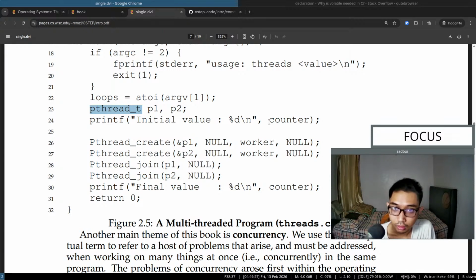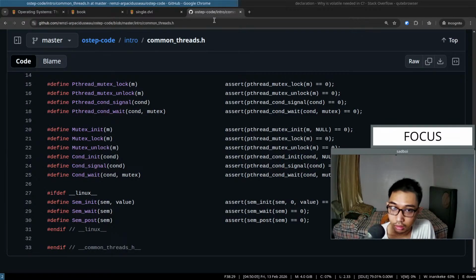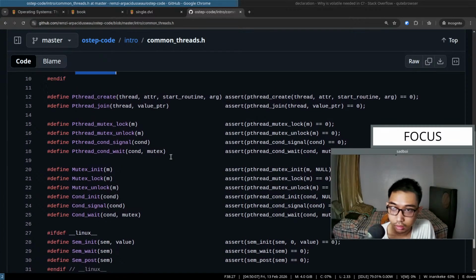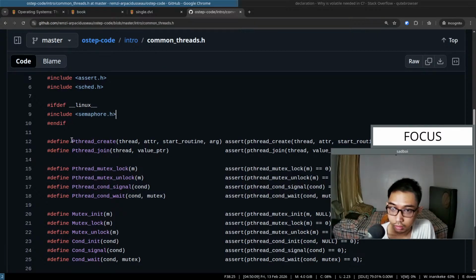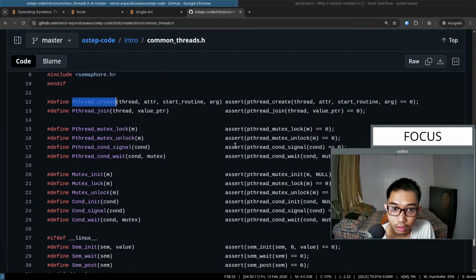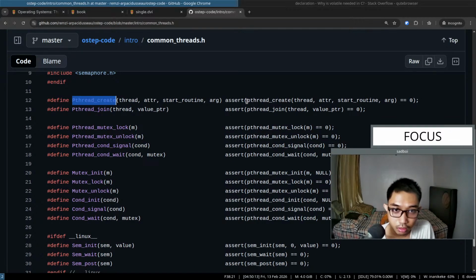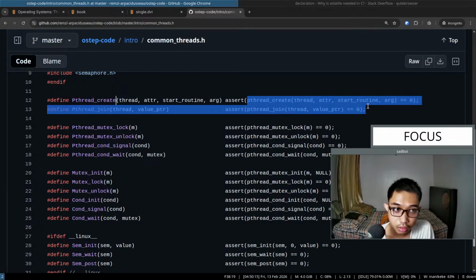Initial value. Thread underscore create. This one. And then assert equals 0.